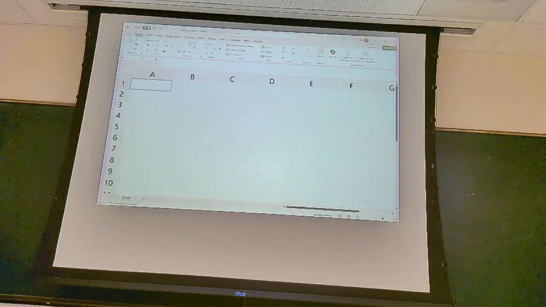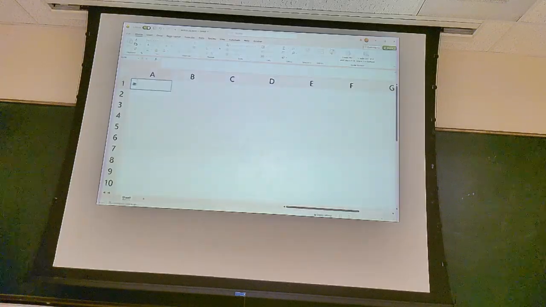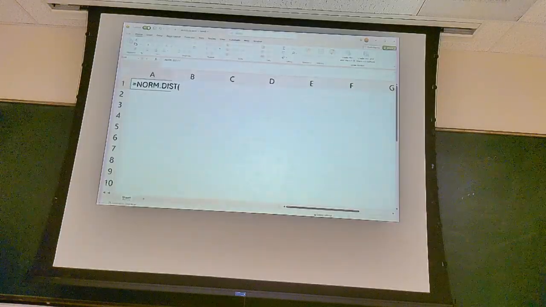So they already told us it's normally distributed, so we can do this. Normal distribution. The value we wanted to be less than or equal to was 1 over 4, wasn't it?